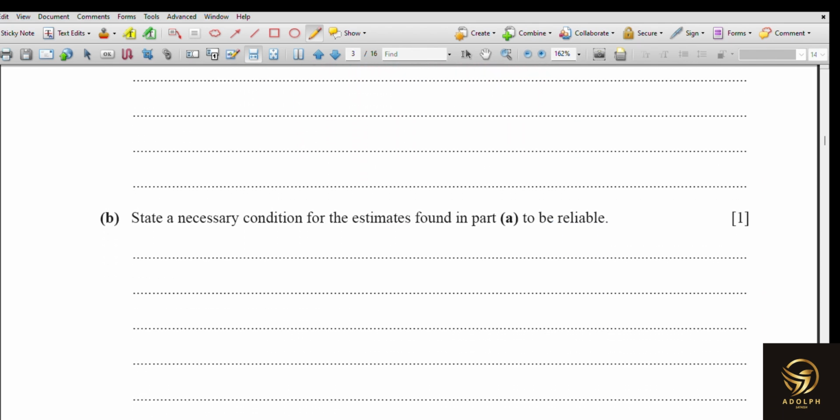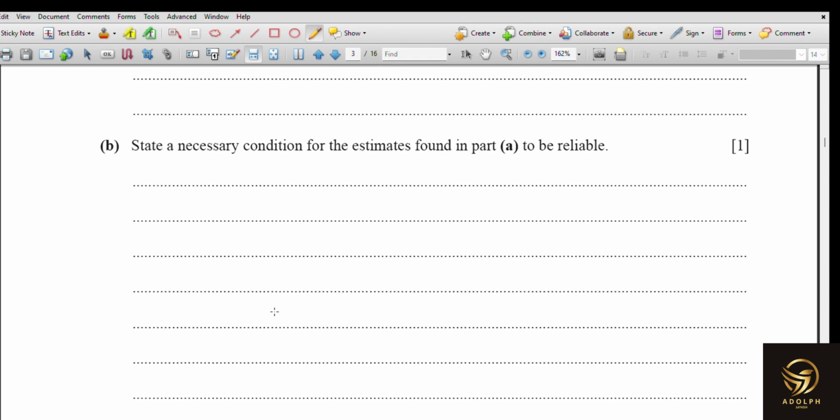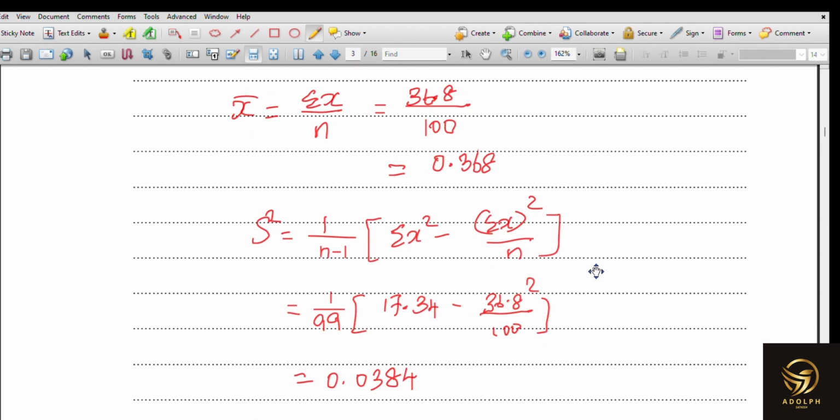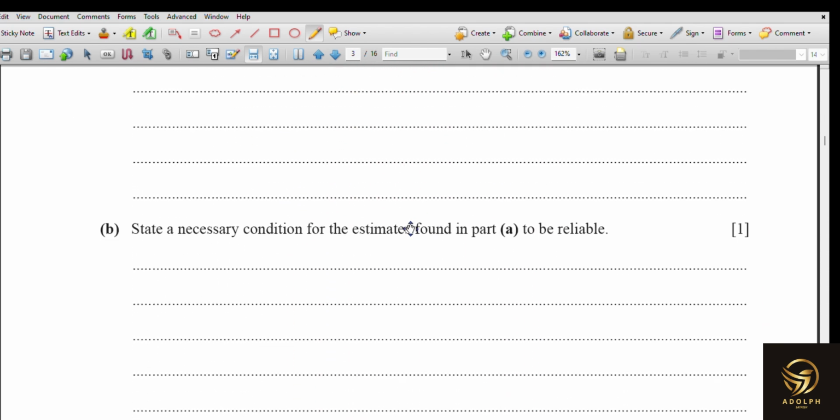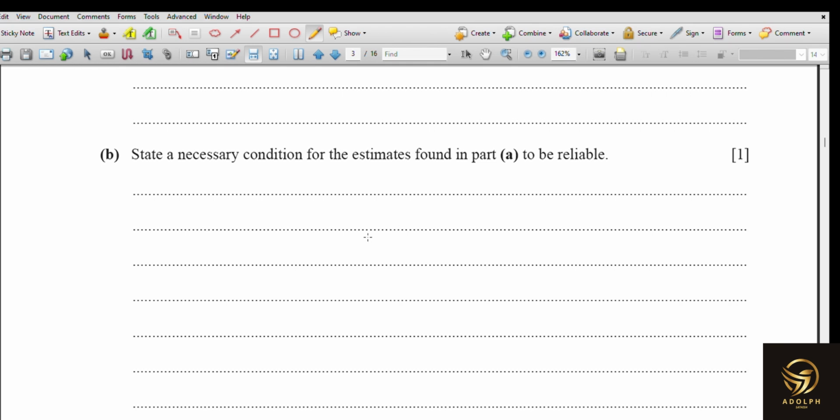Then the second subdivision is: state a necessary condition for the estimates found in part A to be reliable. If you see here, the n value is already large, and they asked us to find the unbiased estimate of the population mean, so we don't need to worry about the distribution. But what we have to think is it should be a random sample, because whenever we want a reliable estimate, it should be a random one.